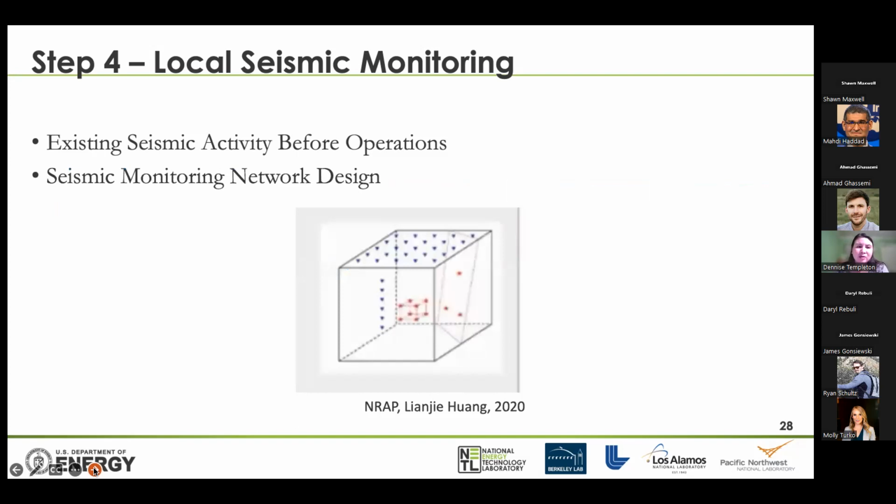We also talk about how to determine the best seismic monitoring network design. Here is an example of one of the simple tools coming out of NRAP for determining what your seismic network should look like. But this can be done with any different tools.